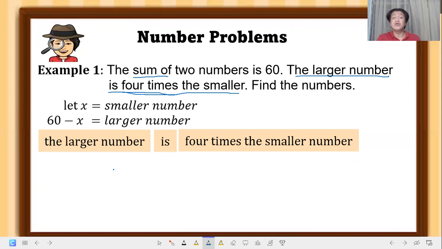Okay, ibig sabihin how to equate. So meaning to say the larger number is 60 minus x. Ito yon. Is, how to represent is, the word refers to equal symbol. Yung 4 times the smaller, ibig sabihin yan, ayan, 4x lang siya. Remember? That is the times symbol.